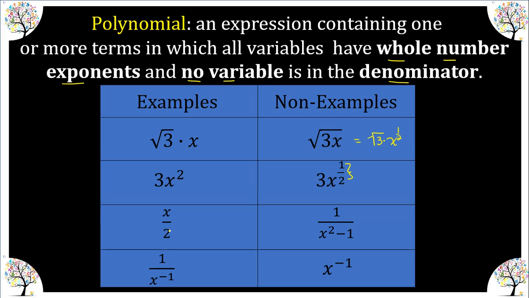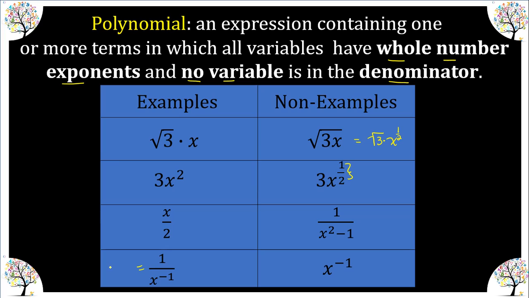Our third example, we have x divided by 2. This is a polynomial, but in the non-example column, our variable is in the denominator. Our last example, it appears that it may not be a polynomial because we have a negative exponent and it's not a whole number. But if we were to simplify this expression, when you have a negative exponent, remember that you reciprocate.